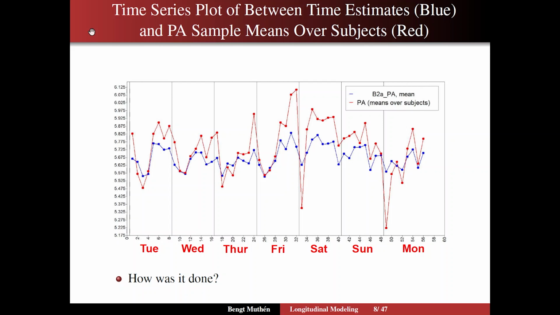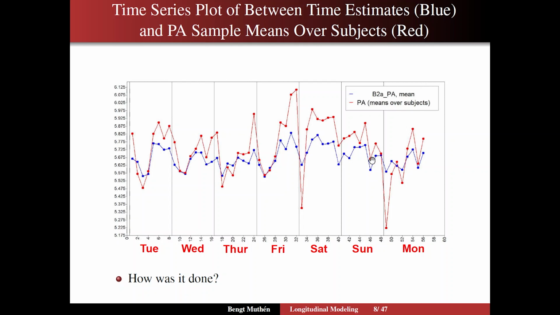So on slide 8, we show the results of the analysis in terms of a plot. I'll show you exactly how the analysis is set up later on. But here is the result of it. We get a time series plot for these between time estimates that we achieve by doing cross-classified modeling. They are in blue, and we see them for the 7 weekdays here. So we see the cyclic behavior of the blue curve.